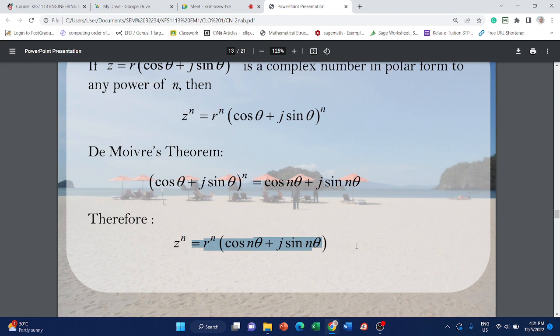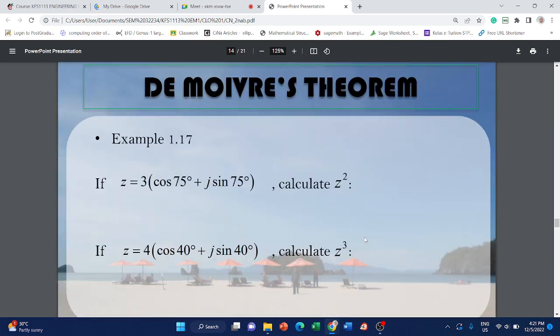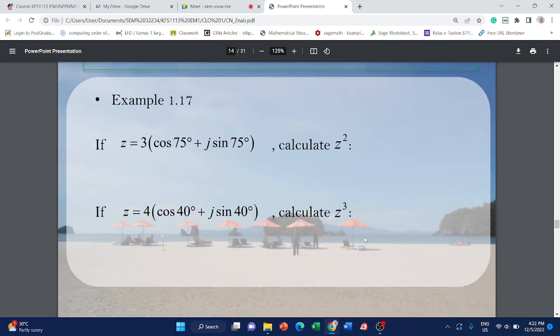As engineering students, you just need to know how to apply the theorem, not how to derive these equations, because engineering students mostly just want to apply the concept. We will see an example of how to use De Moivre's theorem when n is not a fraction.